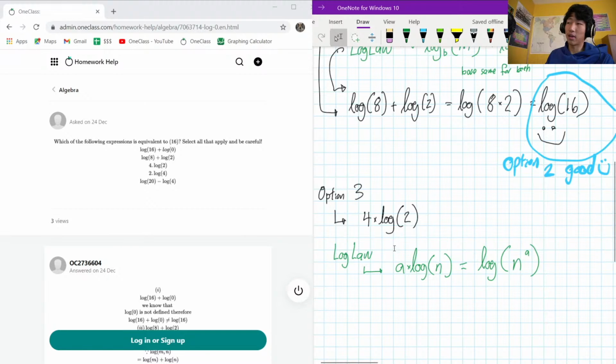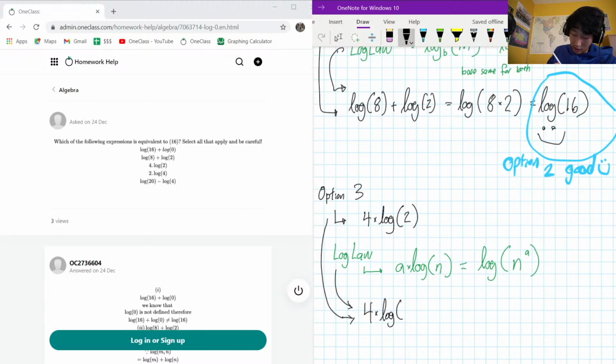You can move that coefficient into the power, and these are perfectly equivalent. Applying this principle here, 4 times log base 10 of 2 is equal to log of 2 to the power of 4, which is 2 times 2 times 2 times 2: 2, 4, 8, 16.